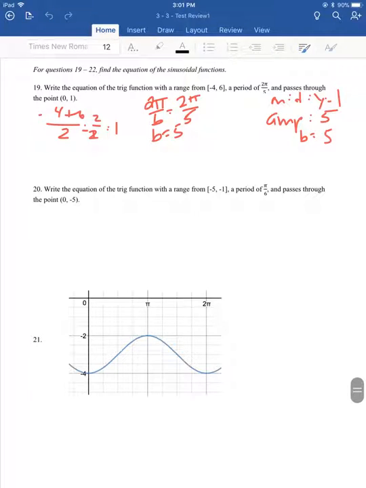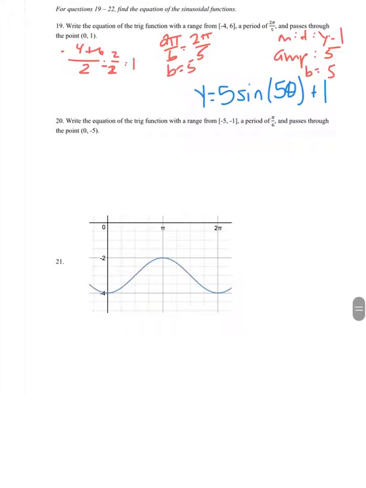So your final answer here, I'm going to do the positive just because it's a little bit easier for me. So this is y equals 5 times the sine of 5 theta, close your parenthesis, plus your midline, plus 1.